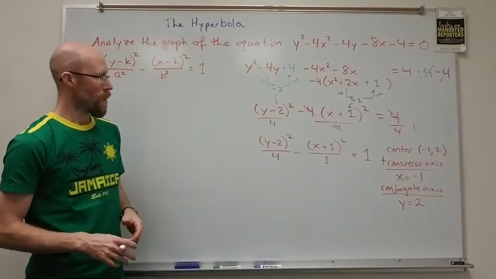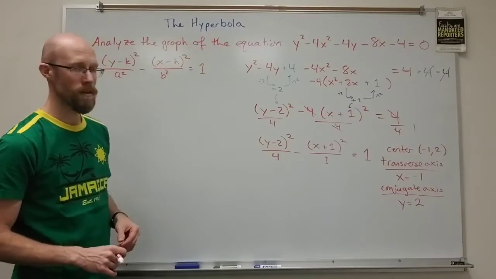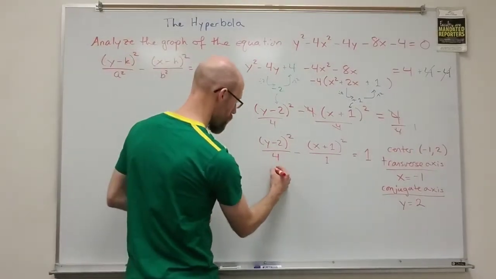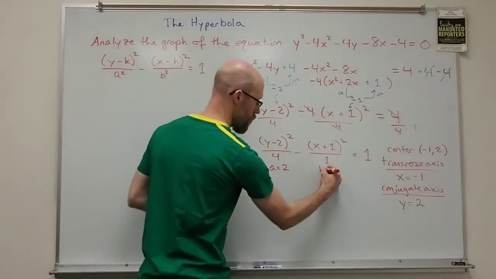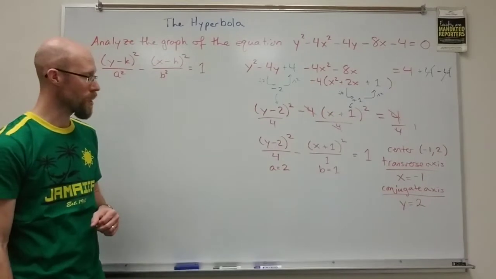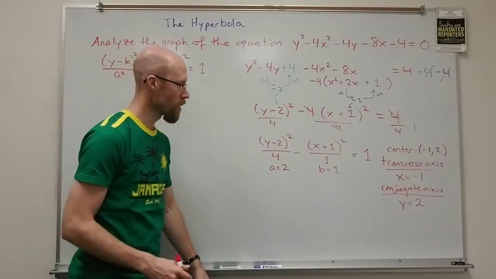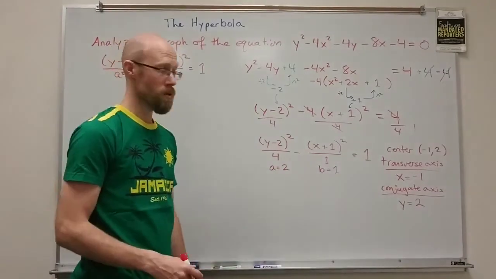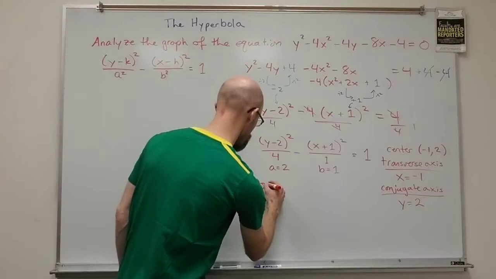Okay. I also have the a and b values. They're the square roots of these denominators respectively. So a is 2 and b is 1. That's going to help us out tremendously when finding the vertices and the foci and the oblique asymptotes. All right, and so actually let's go ahead and write the oblique asymptote formulas in there.